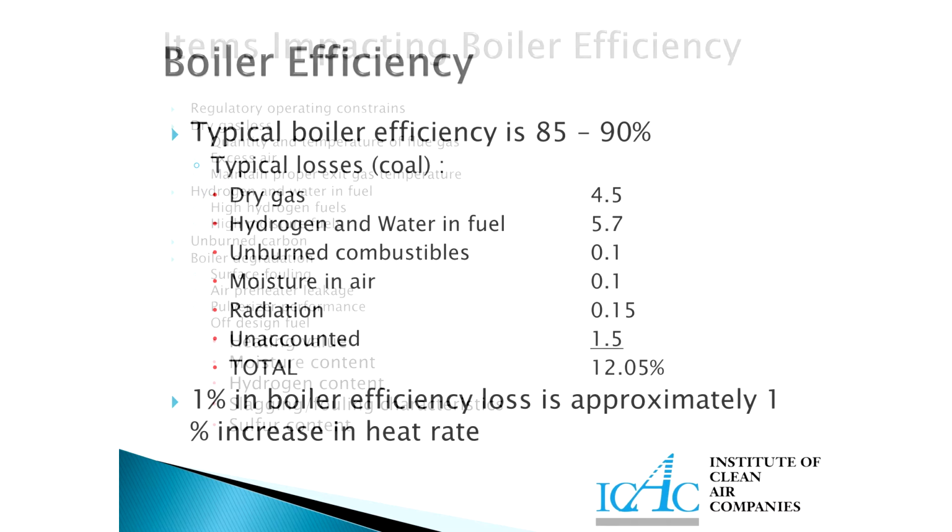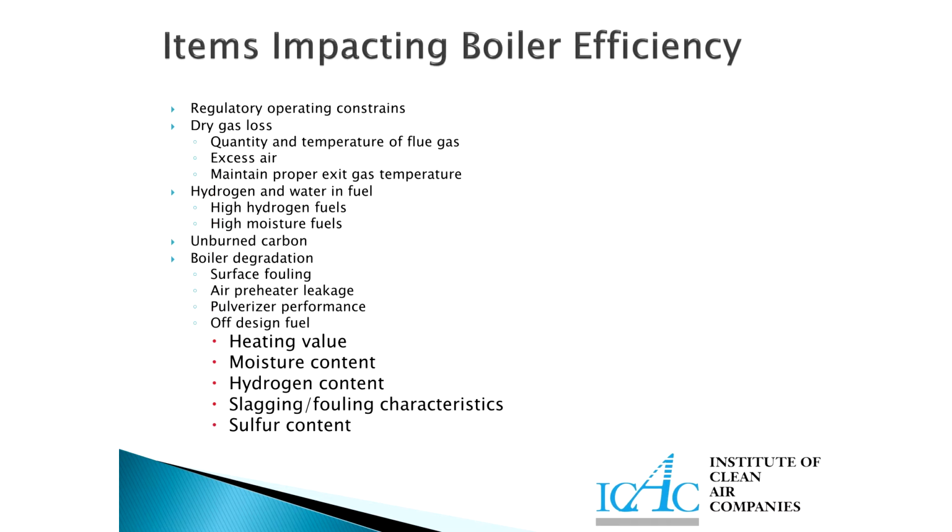Now, I'm not going to go through all of these, but just to reemphasize dry gas loss, that's impacted by the temperature and the quantity, which is impacted by the excess air, and it's important that people maintain proper boiler exit gas temperatures. Talked about the hydrogen, talked about unburned carbon.